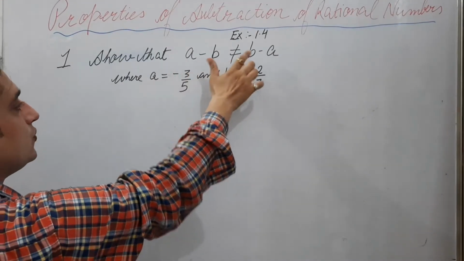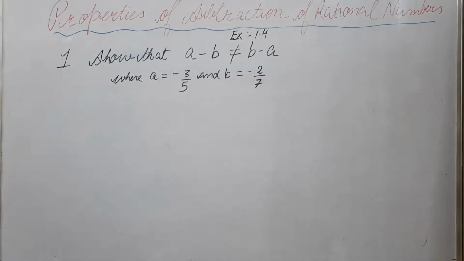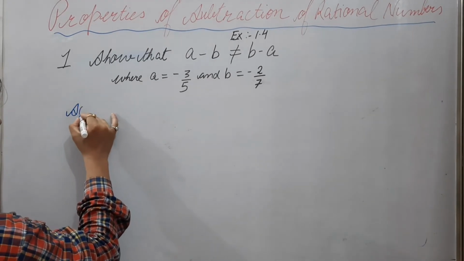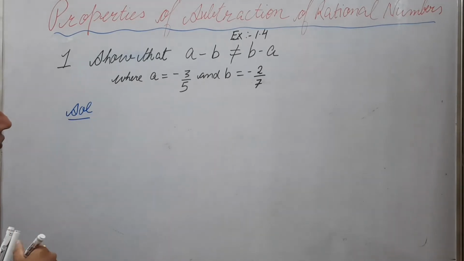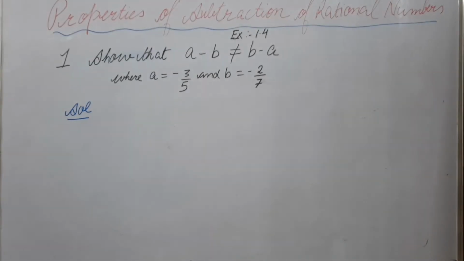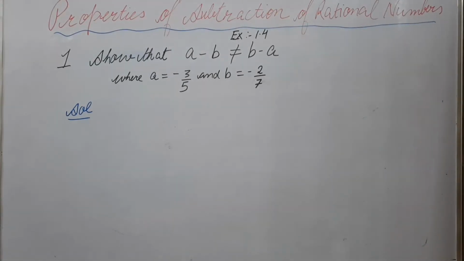Means these two values are not equal, right? So the solution for this question, as you know, we can't change the order of two numbers, and that property does not hold true in case of subtraction, named as commutative property.